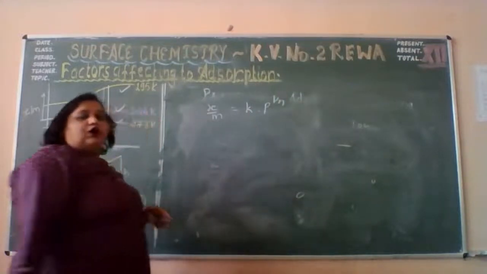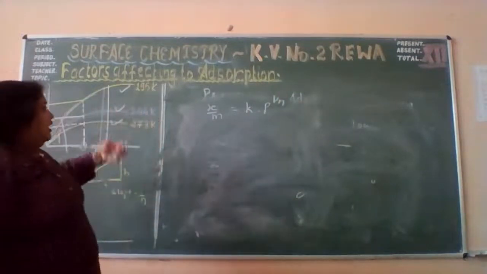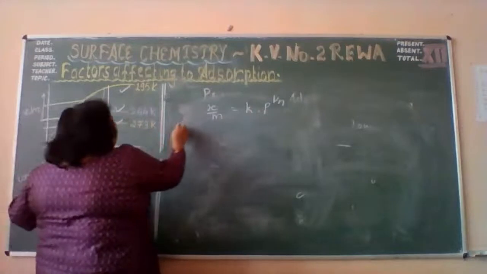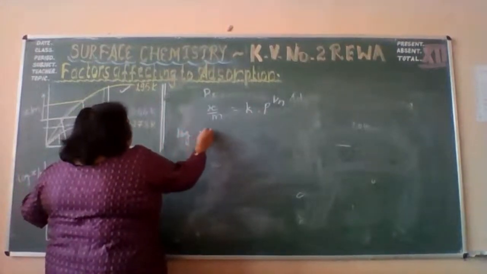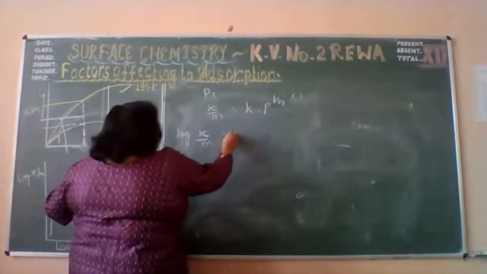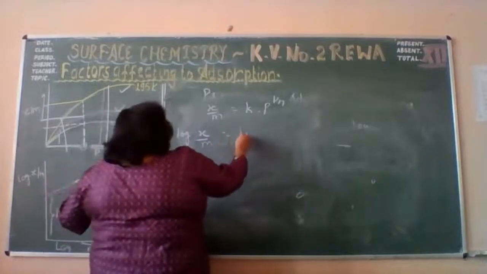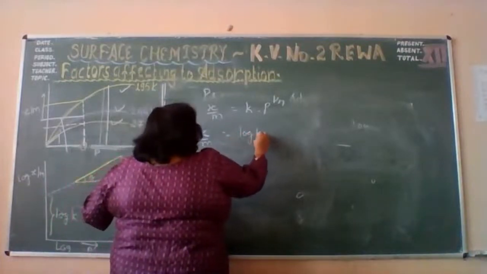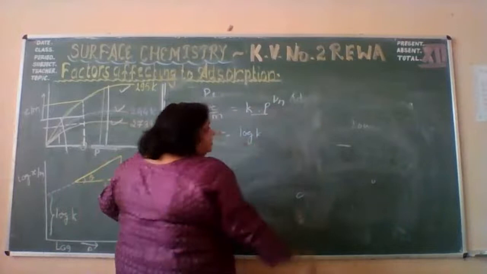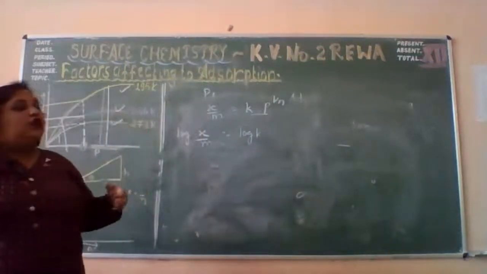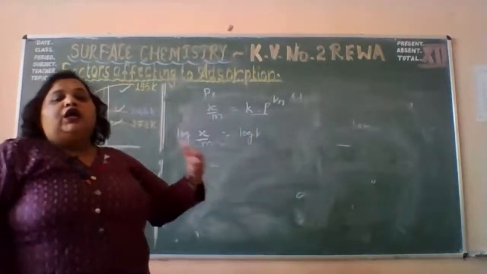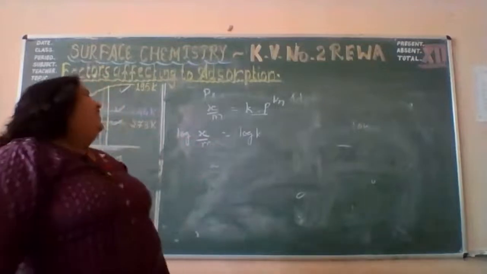Now you take the logarithm of both the sides, right? Now I'm going to take log x upon m. This is equal to log k. Again, the quantities are in the multiplication, so log a into b is log a plus log b.